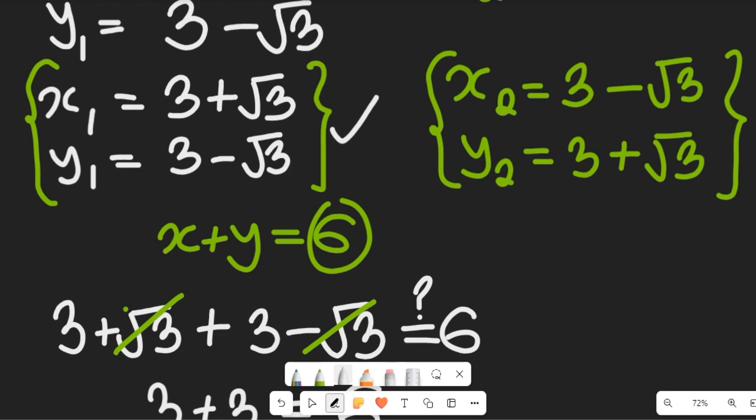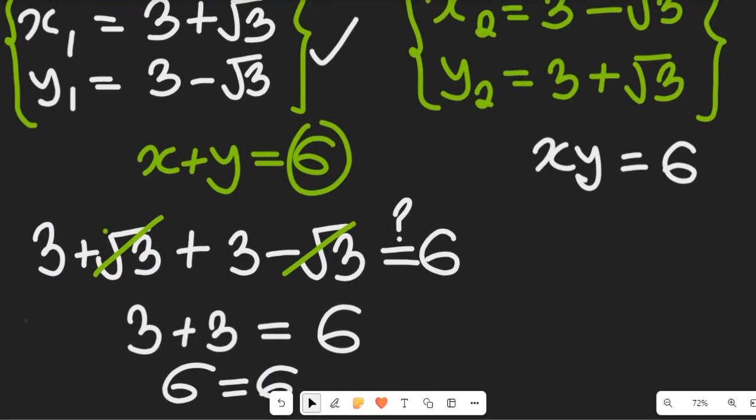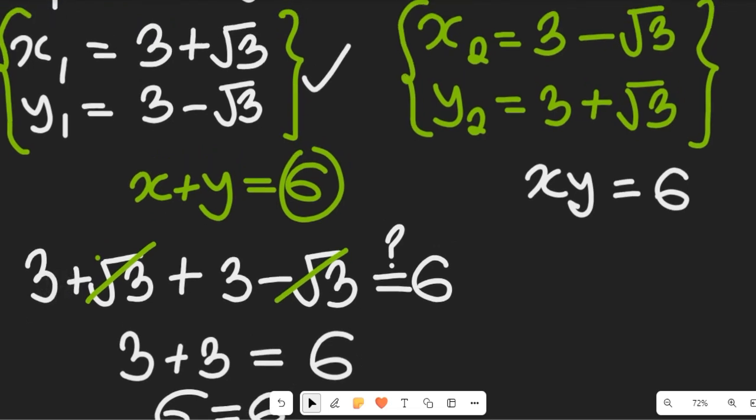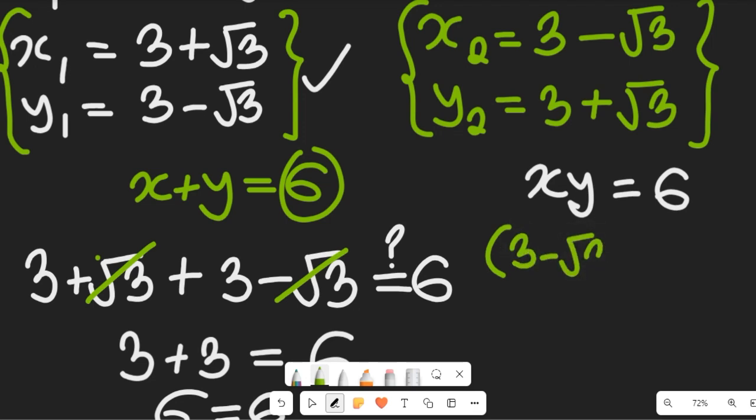Now on the other side, we are given that x times y is equal to 6. Now if we use these two expressions and multiply them, will they actually give us 6? Let's try them out. We will have 3 minus root 3 multiplied by 3 plus root 3.